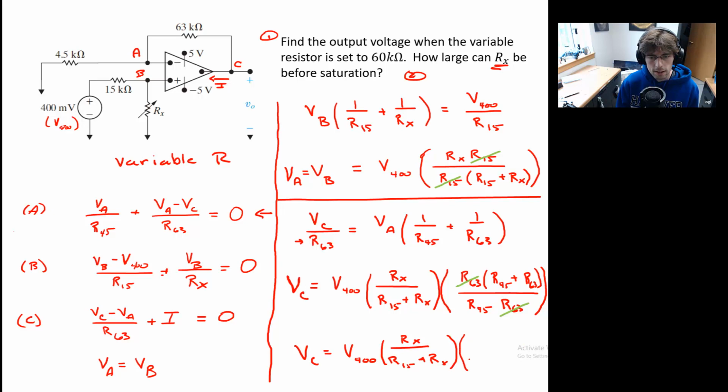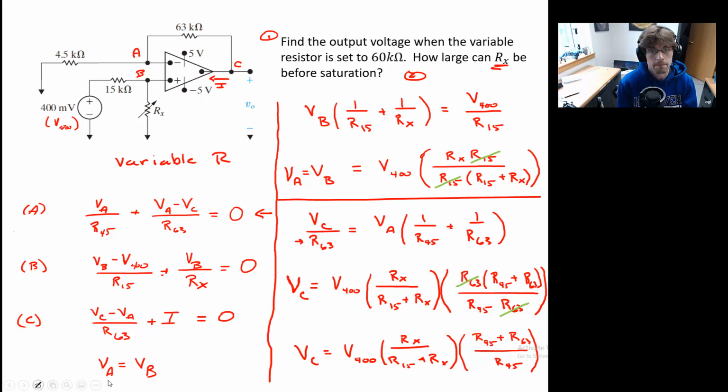And we have a second unitless quantity, R45 plus R63 over R45. Ta-da!